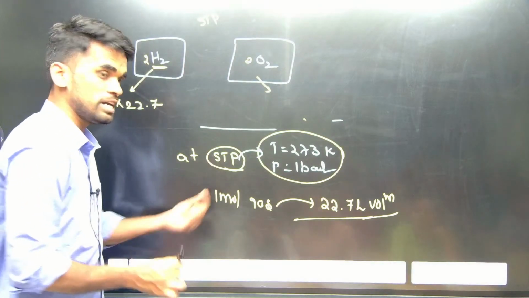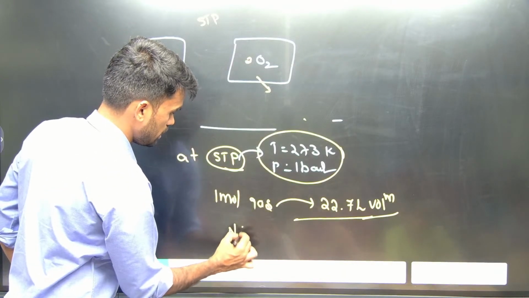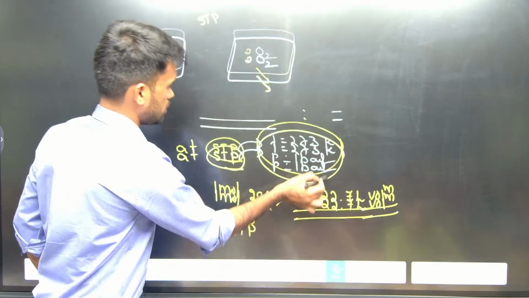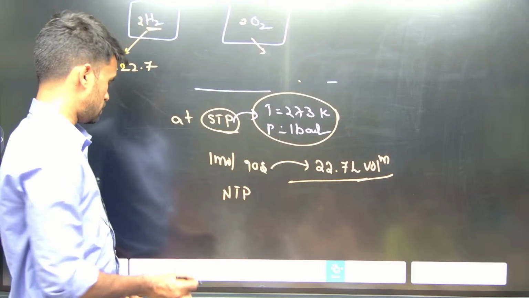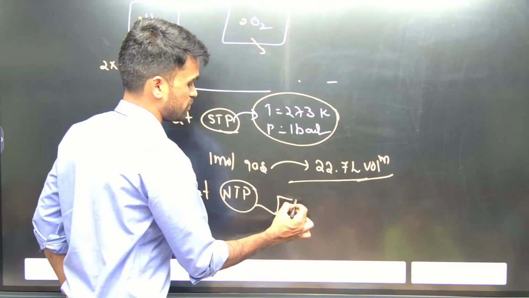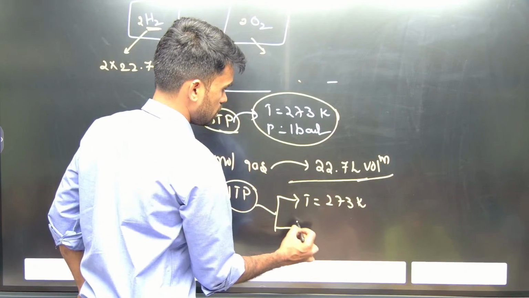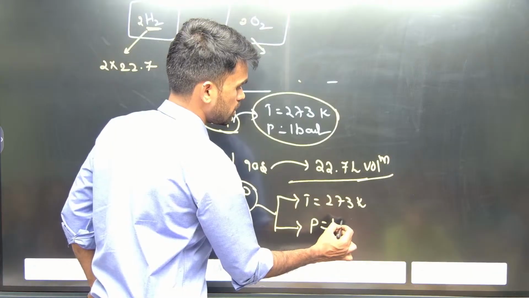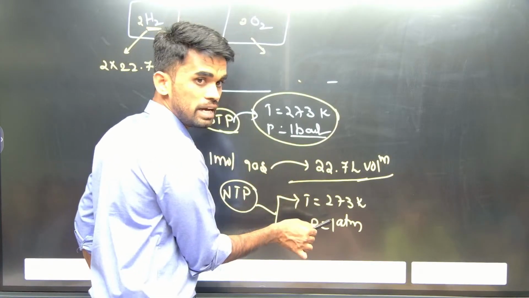Now one more condition is there, NTP. What is that condition name? NTP. This is normal temperature and pressure. So at NTP conditions, what are the specific values here? Same, 273 Kelvin. Pressure is 1 atmosphere. See, there is a slight change from bar to atm pressure.